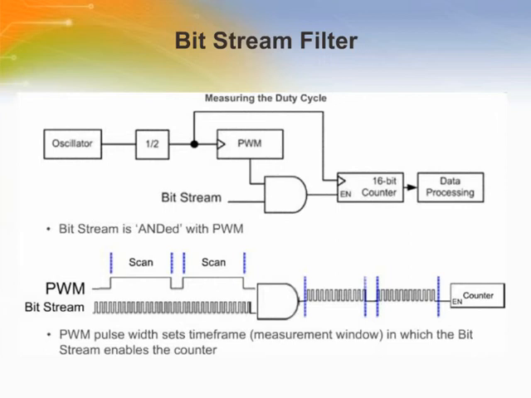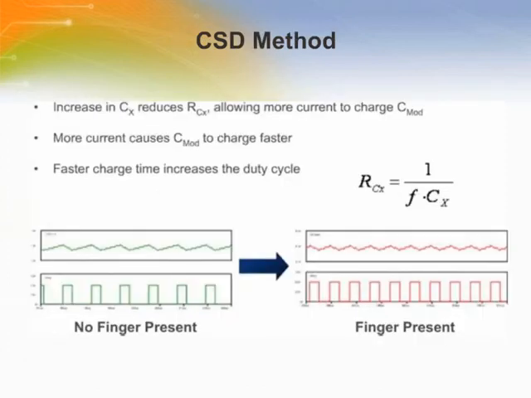The output of the comparator is fed into a bit stream filter. All the filter does is break the bit stream into measurement windows, then pass the signal into a counter for the measurement. Signals with a higher duty cycle will enable the counter for a longer period of time and thus have a higher counter value.